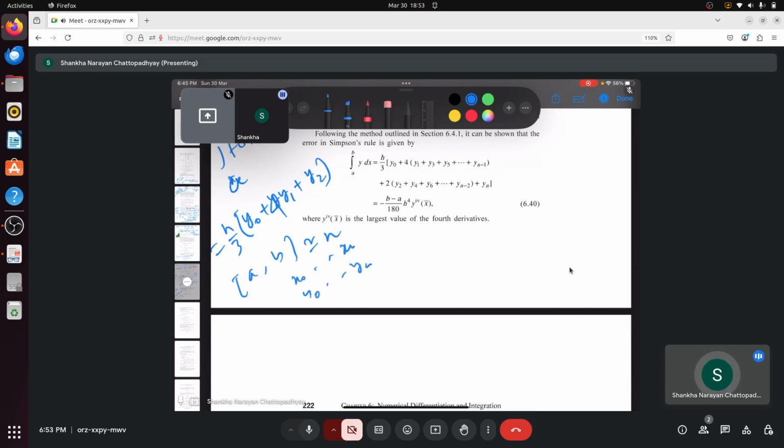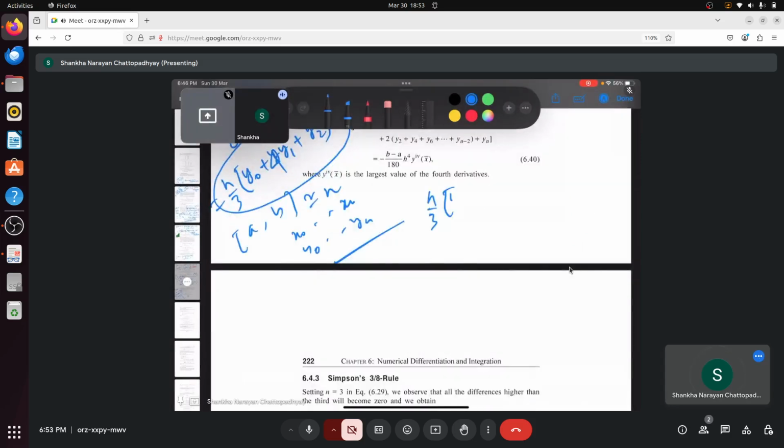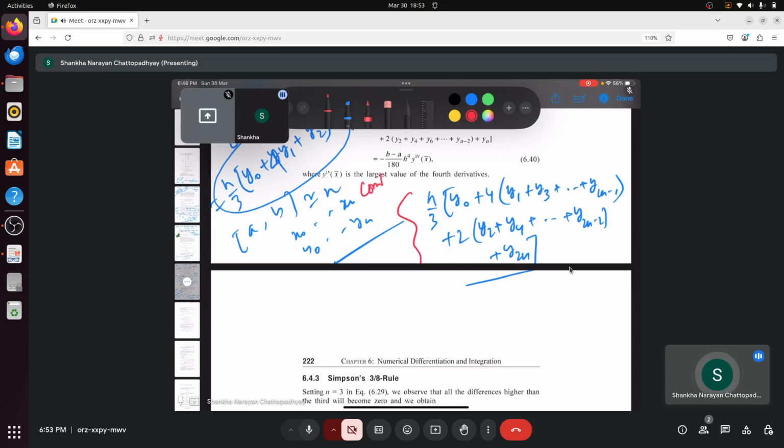The corresponding values will be y0 to yn. You construct these and add them up, and you get h by 3 times y0 plus 4 into y1 plus y3 and so on up to y of 2n minus 1, plus 2 into y2 plus y4 and so on up to y of 2n minus 2, plus y2n. This is the formula for the composite Simpson's 1/3 rule.